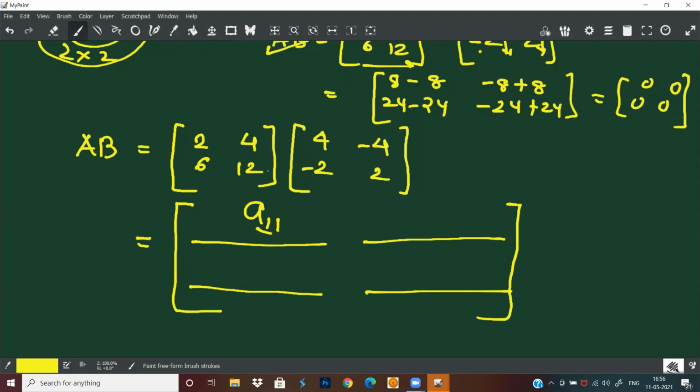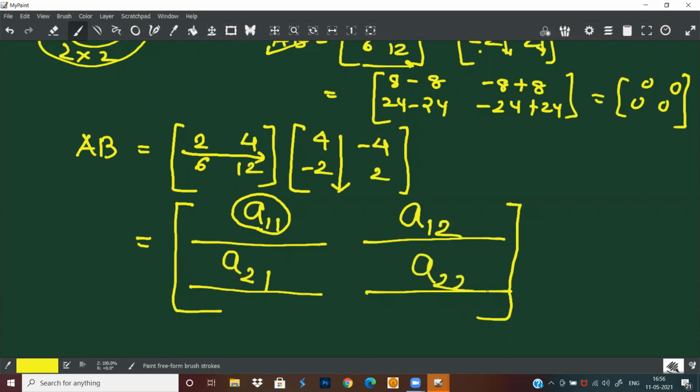Row of the first matrix and column of the second matrix. I am just writing: what is this, first row and second column. What is this, second row and first column. What is this, second row and second column.